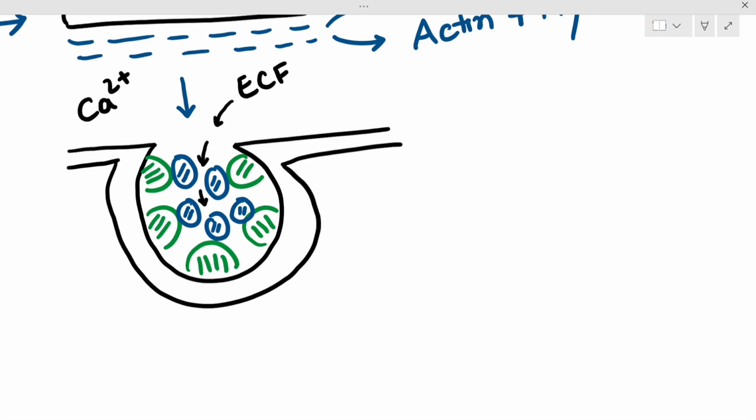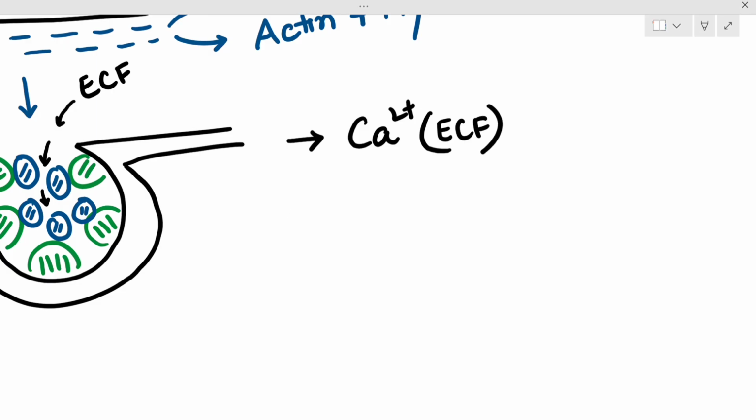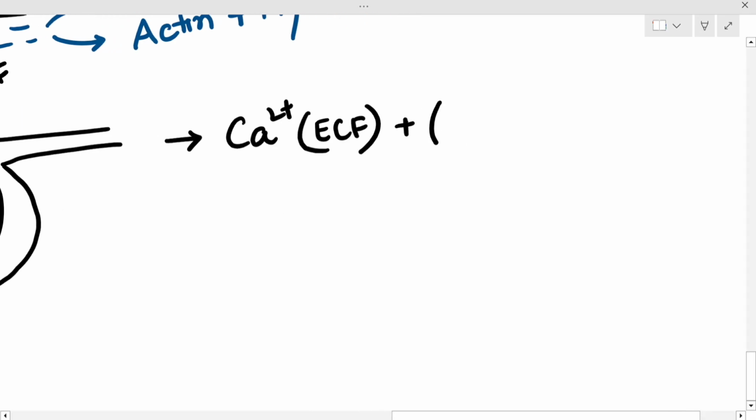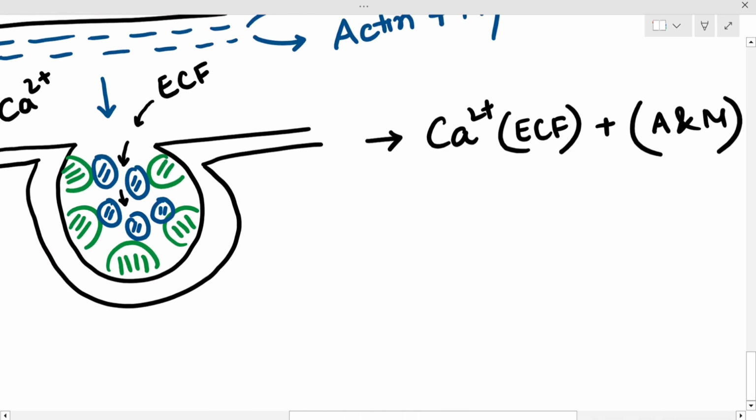Okay. So calcium that is present in extracellular fluid will react with actin and myosin. Okay. And this results in pinching off of the invagination from the surface of the cell to form pinocytotic vesicles.